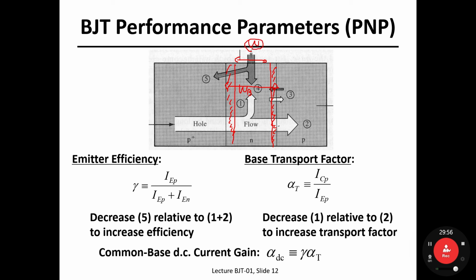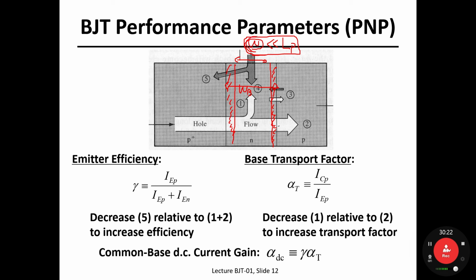So if this quasi-neutral width of base is much shorter than the diffusion length of hole, then what would happen? As we have already learned, think about the narrow base PN junction diode, hyperbolic sine, hyperbolic cosine stuff. Do you remember it? Yeah.